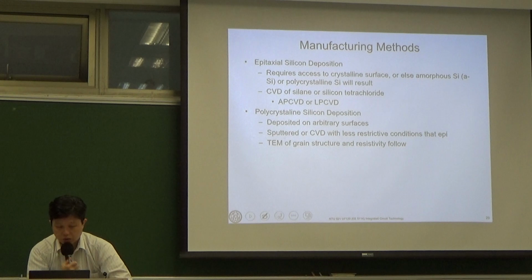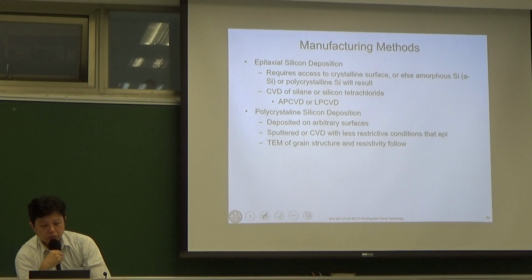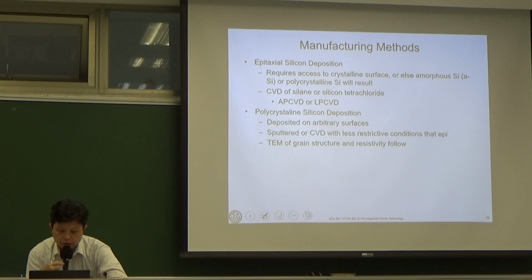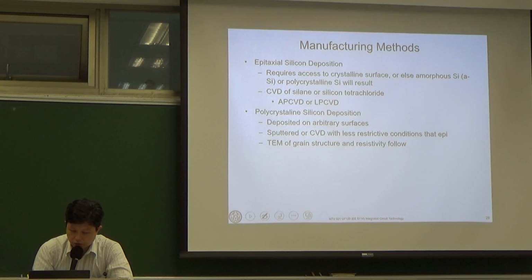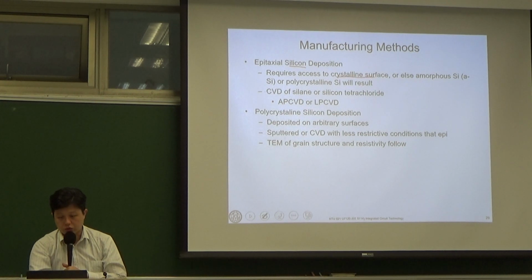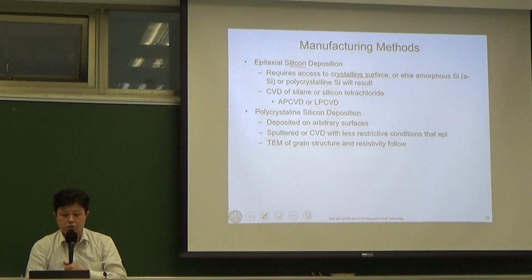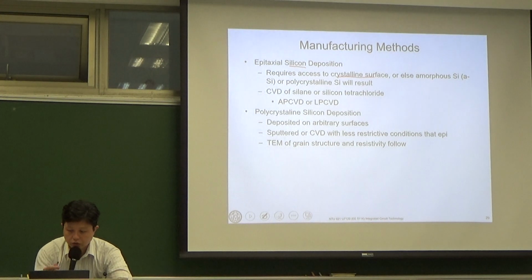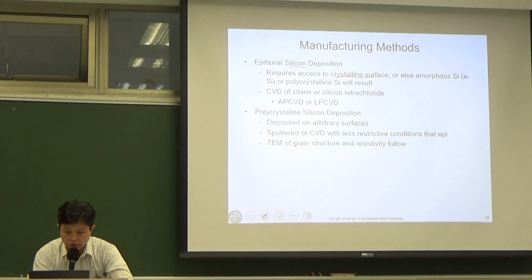All right. So now let's move to these manufacturing methods. They are all summarized in this table, so we can move on quickly. For epitaxy, epitaxial silicon, because we need very good quality, like single crystal quality, we can increase the temperature, and we can use CVD or PECVD.